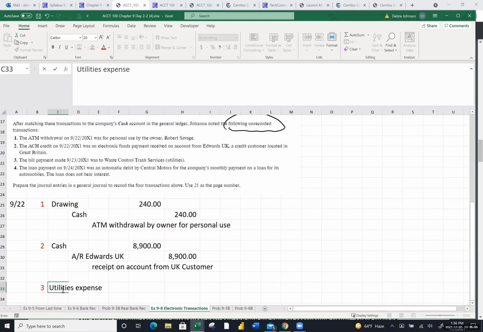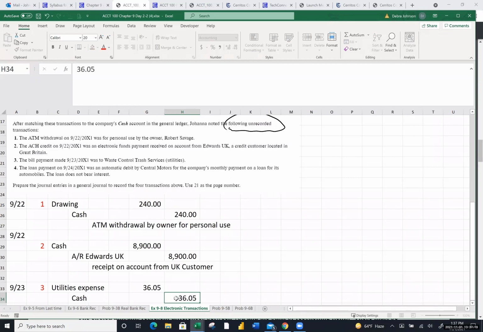Utilities expense and cash. And by the way, we should put the correct dates down. I've been neglecting to do that. This one was 9/23. And I think the one previous to that was probably 9/22. So let me finish this one. 3605.